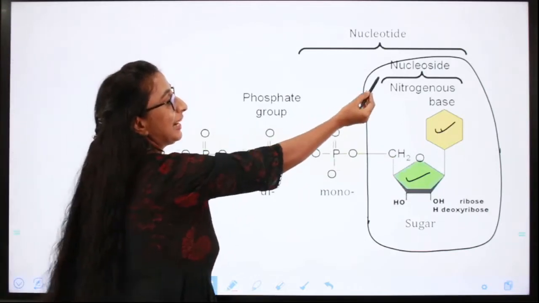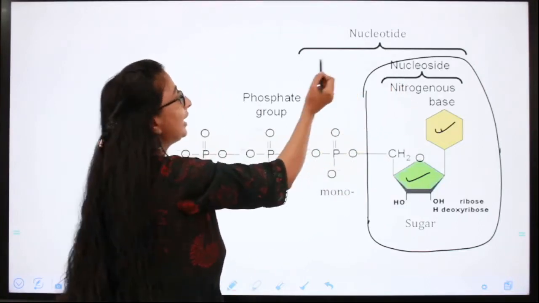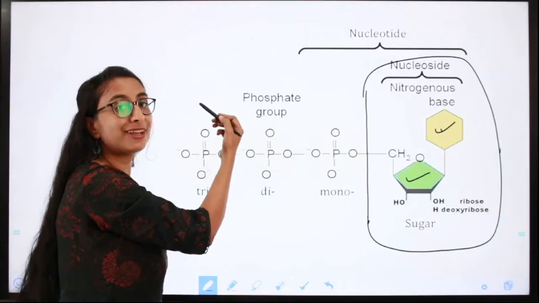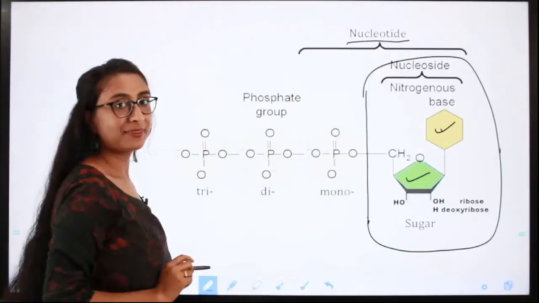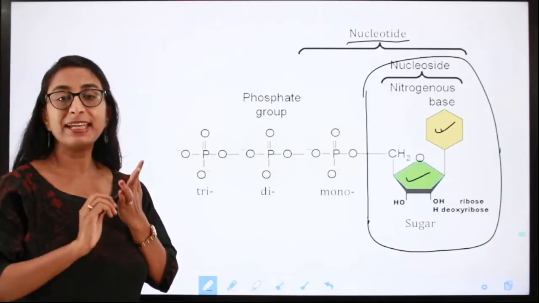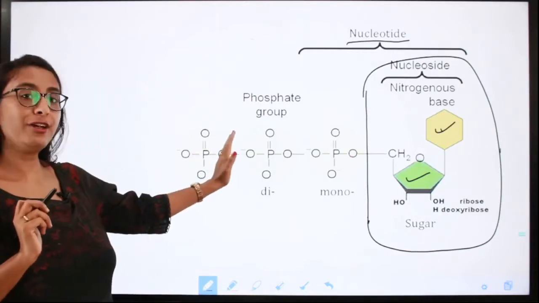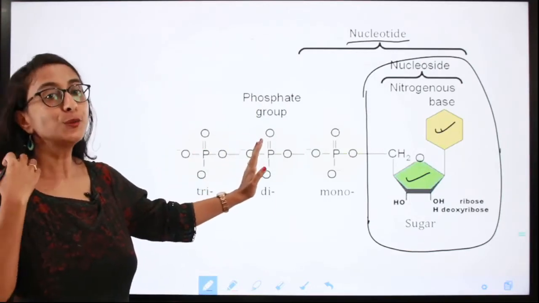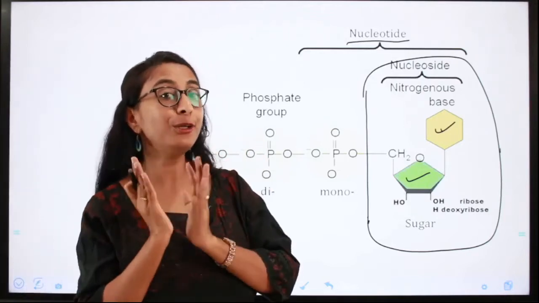So to the nitrogenous base and the pentose sugar, which is called a nucleoside, if you add the phosphate group, it becomes the nucleotide. Okay, ribose sugar plus nitrogenous base gives nucleoside. Nucleoside plus phosphate groups gives nucleotide. So did you understand what's the difference between a nucleoside and nucleotide now?